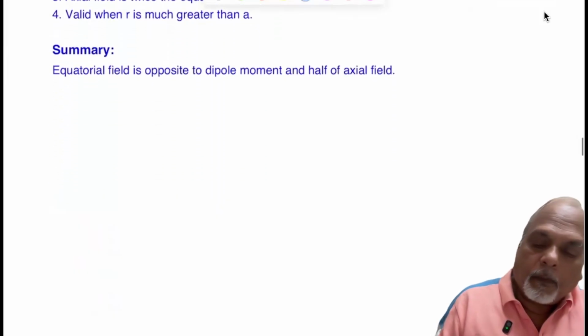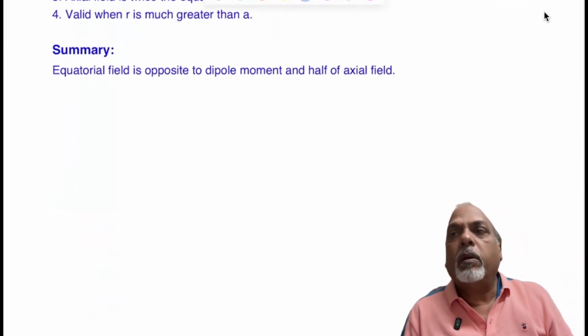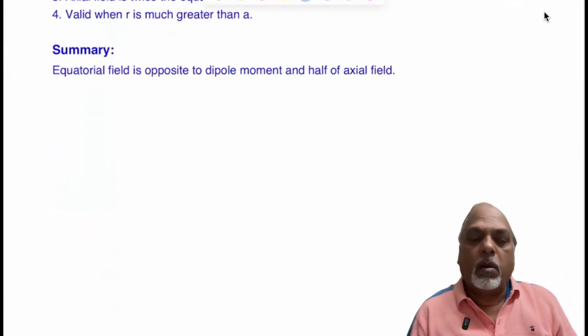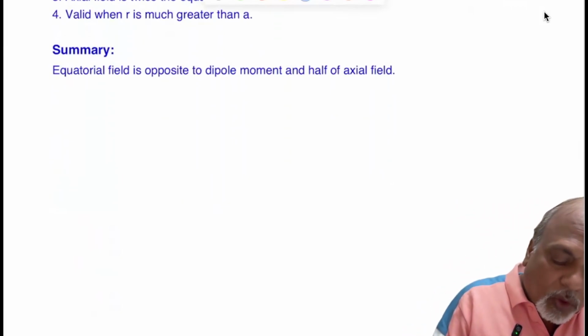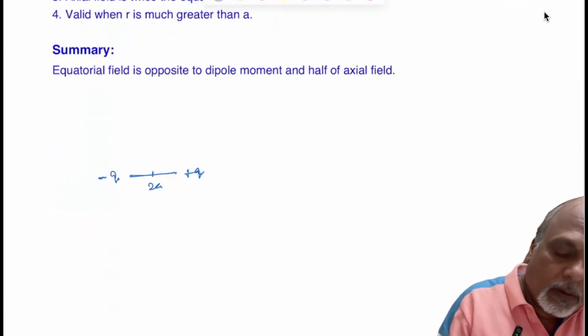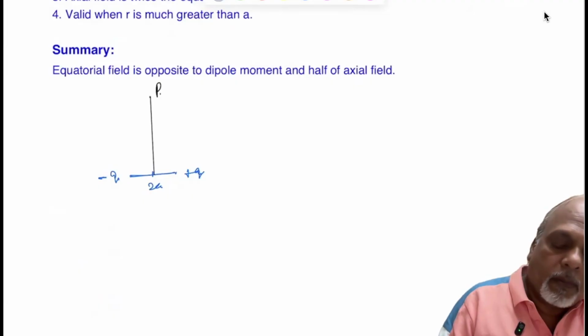Equatorial means, suppose you have a dipole, this is 2a, this is the midpoint, and we have to find out the electric field at P due to this dipole.